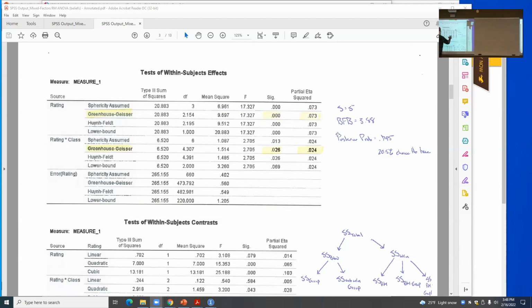So I know that if I just ignore my grouping factor and just look at the pattern of means, I'm seeing that people are responding differently to these vignettes in terms of friendship ratings across the repeated assessments, okay? What about, Matt, if I go down here and I look at my rating by class, what am I seeing here?